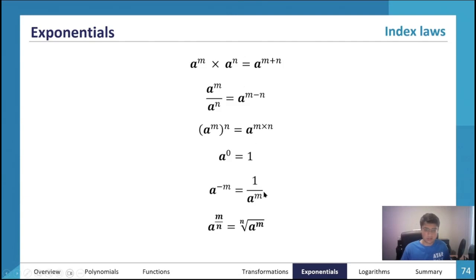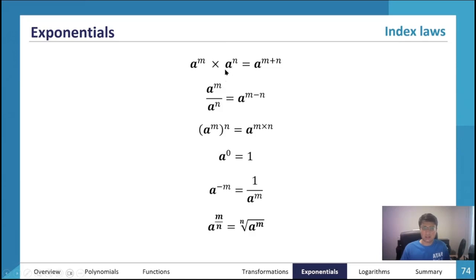So for instance, if we look at rule number 5 here, a to the negative m is 1 over a to the m. Actually, we'll look at number 2. a to the m over a to the n is a to the m minus n. This is a combination of rule number 1 and rule number 5. So a to the m times a to the n is a to the m plus n. If we had a to the negative n here, then that would be 1 over a to the n.